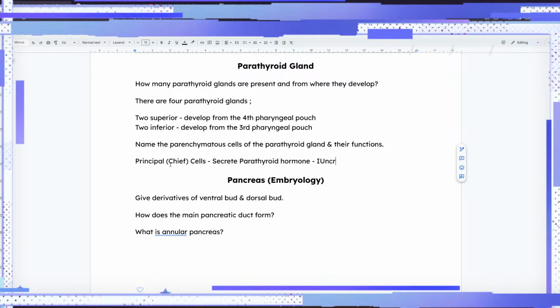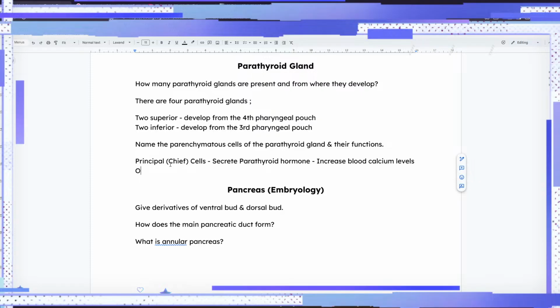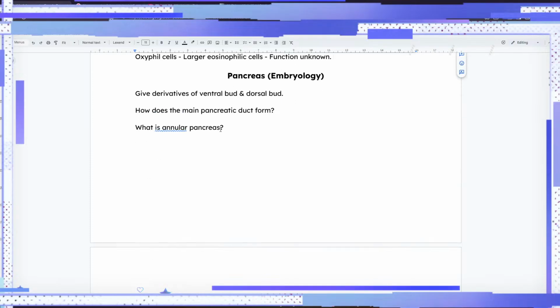Increase blood calcium levels. और जो आपका ऑक्सिफिल सेल्स है उसका तो कुछ नहीं पता कि वो क्या करता है. They are larger eosinophilic cells. Function unknown, right? Very very crazy.